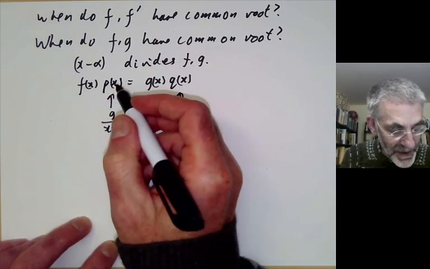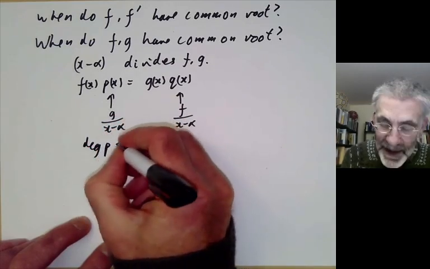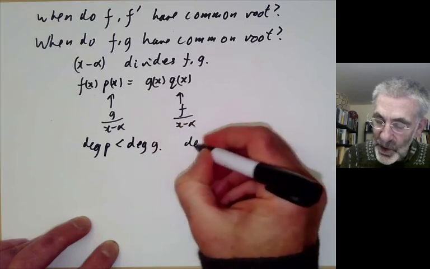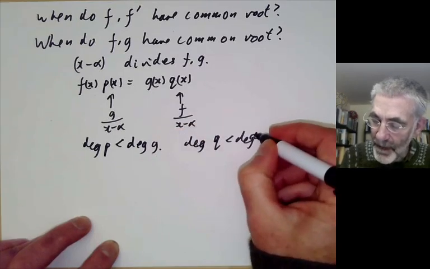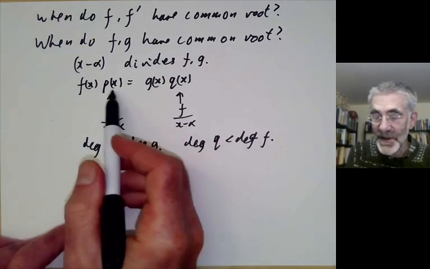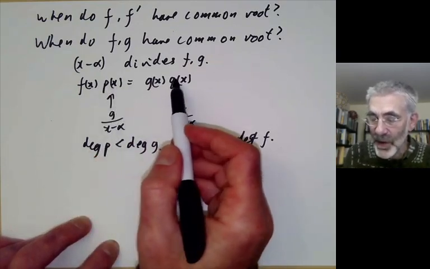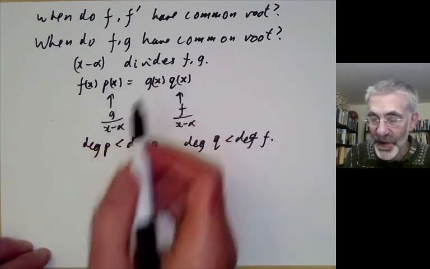And we also notice that the degree of p is going to be less than the degree of g, and the degree of q is going to be less than the degree of f. If we didn't have this condition about the degrees being less, this would be completely trivial because we would just take p equals g and q equals f. So we can find p and q of smaller degrees.